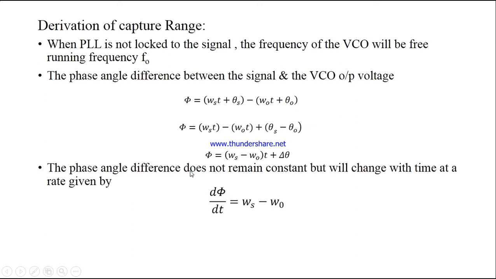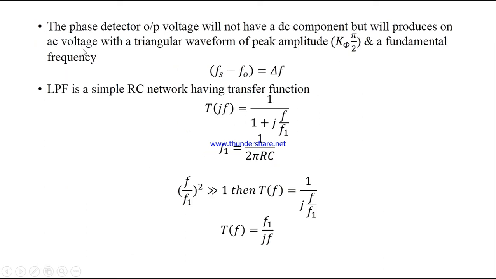The phase angle difference does not remain constant, but changes with time at the rate given by delta phi by delta t equal to omega s minus omega naught. The phase detector output voltage will not have a DC component but will produce an AC voltage with a triangular waveform of peak amplitude K phi pi by 2 and a fundamental frequency of fs minus f0 equal to delta phi by delta t.